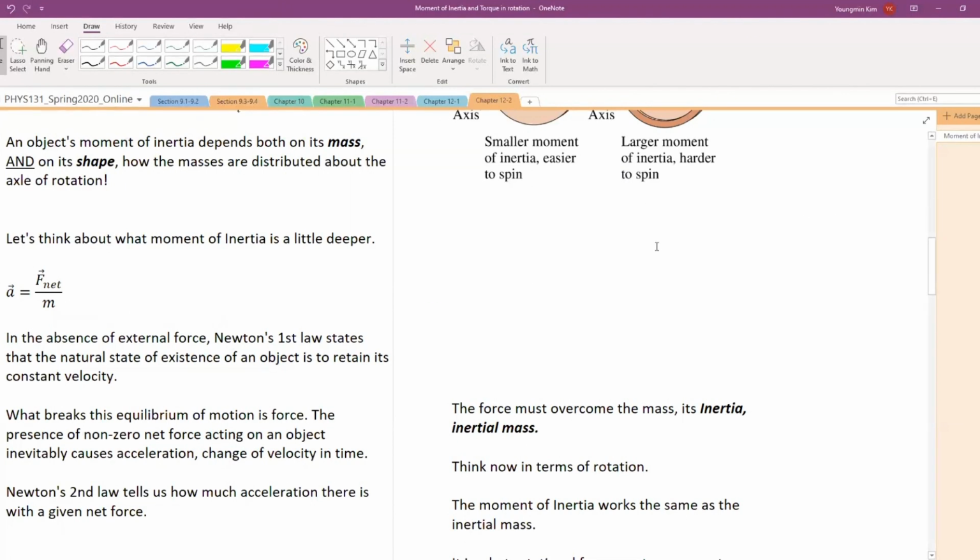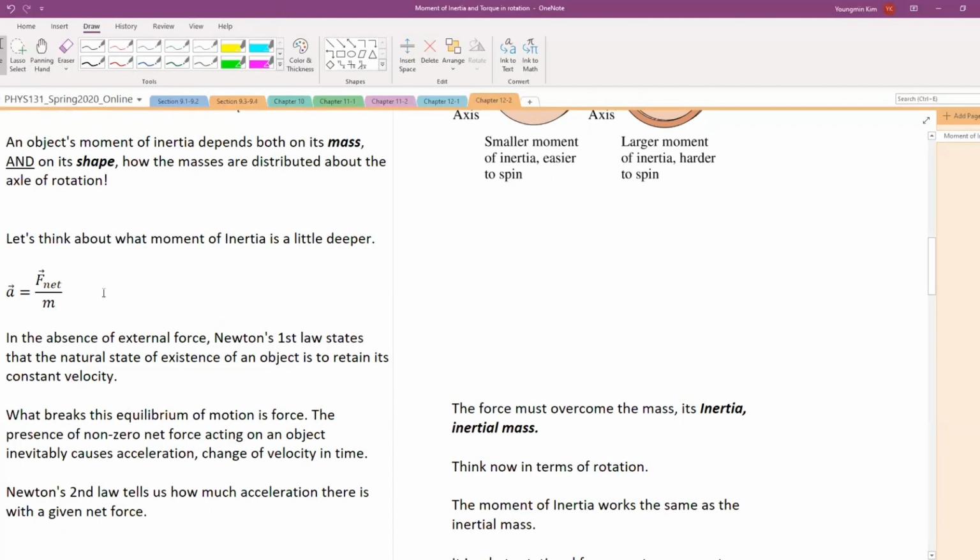And of course, we learned that what breaks this equilibrium of motion is force. This presence of non-zero net force acting on an object inevitably causes acceleration, which is a change of velocity in time. And Newton's second law tells us how much acceleration there is with a given net force.